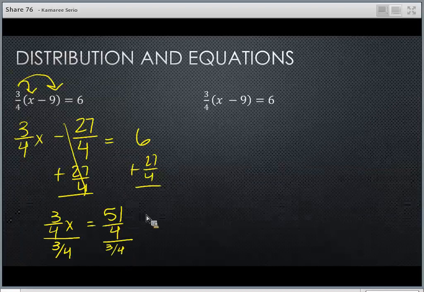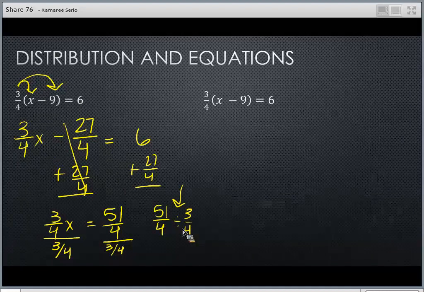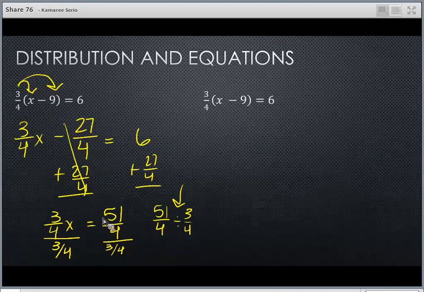So right here, I have 51/4 divided by 3/4. This is what you want to type into your calculator. So 51/4 divided by 3/4, and it tells me that this is 17. So that means x is 17.